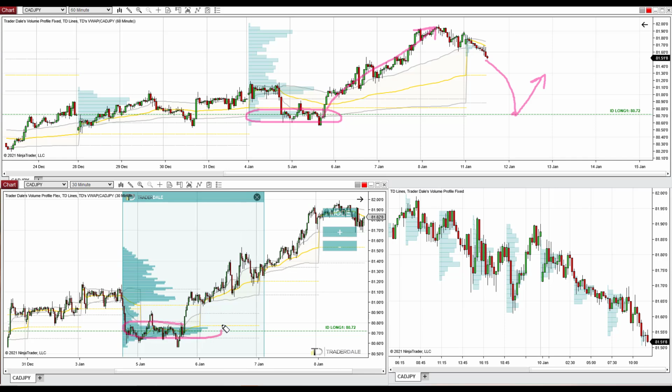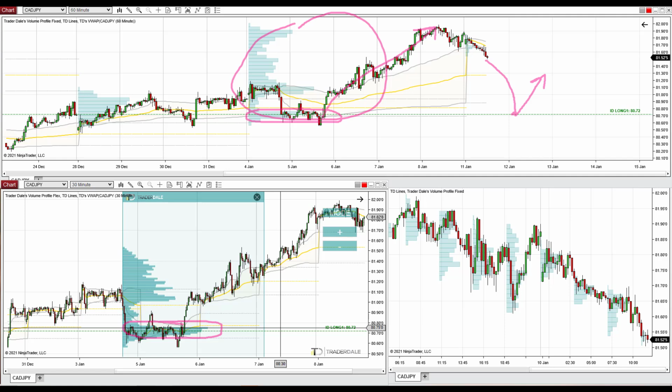Right there, this is the heavy volume area. Now this volume profile is way more detailed than the other one, and it actually shows that the heaviest volume area is a little bit higher at 80.75.